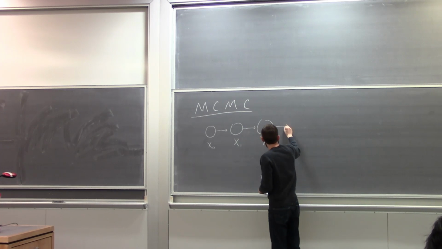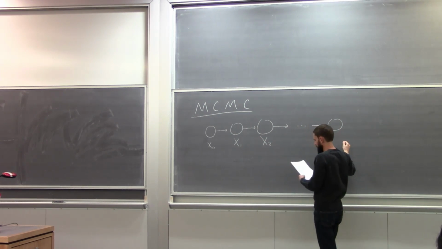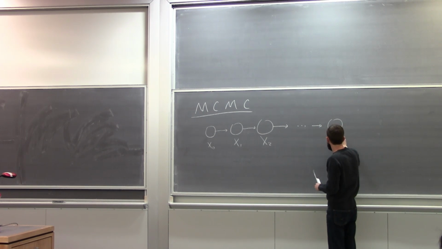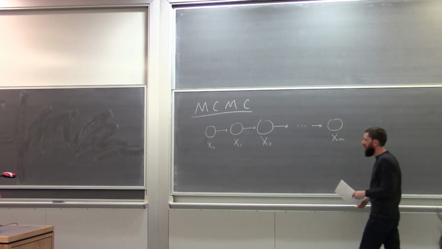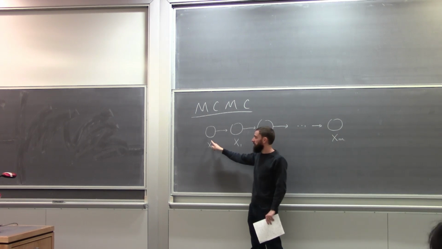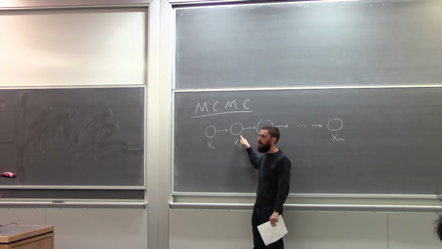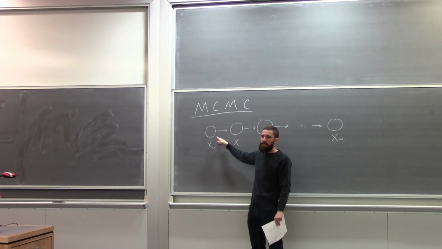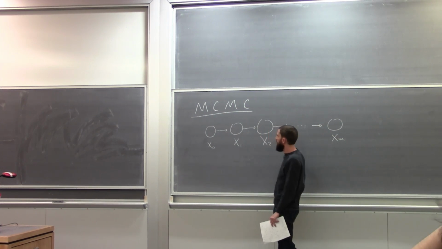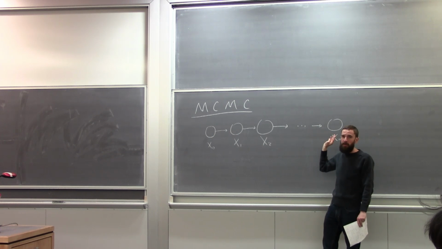And so forth. Where we know how to sample somehow conditionally xk given the previous xk minus 1. So wherever we are in the chain, we have somehow the conditional distribution to get a sample from the next random variable in the chain.